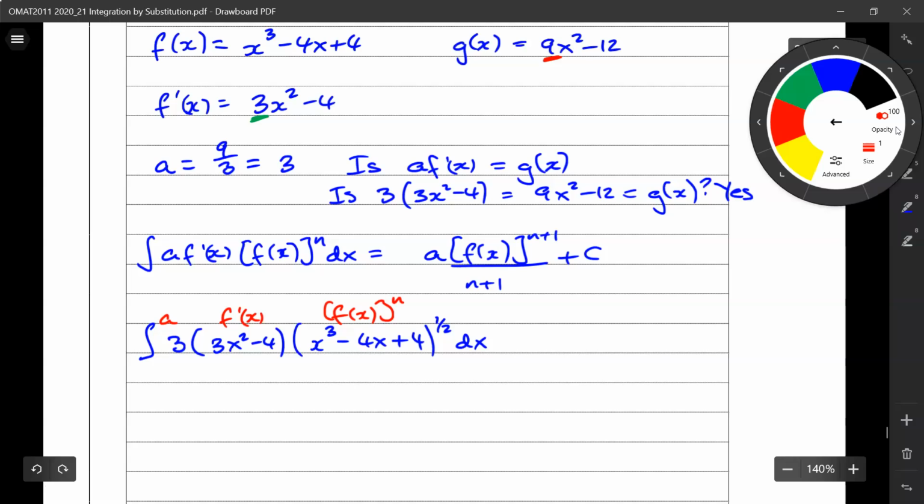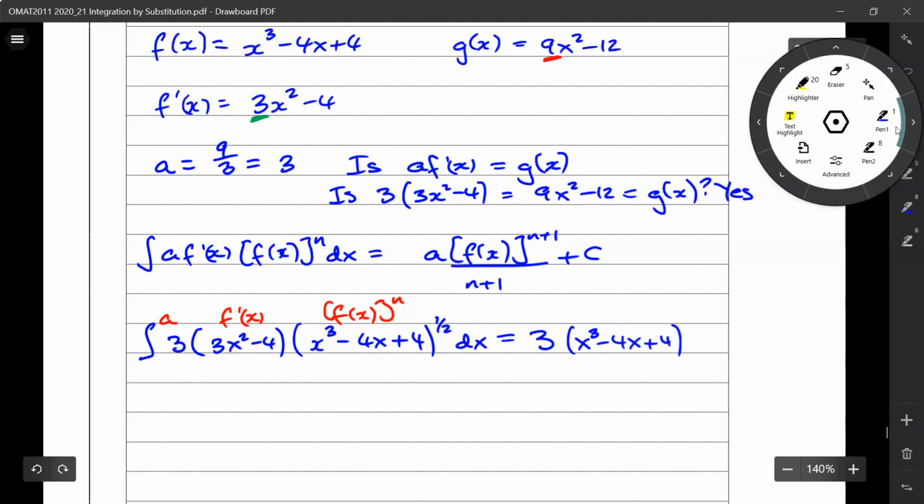So we multiply by the a, we get our f of x, which is x cubed. Oh, sorry, I made one mistake there. That should be x cubed minus 4x plus 4, and that is to the power of 3 over 2 when we raise that power, and we divide by the raised power.